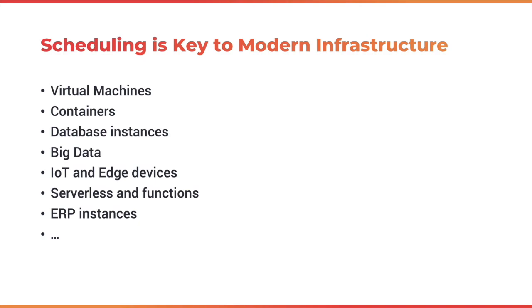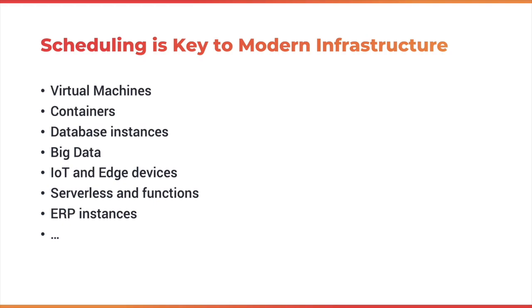Now, modern infrastructure is all about scheduling the resources the right way. When we deal with cloud platforms, like Azure, AWS or GCP, we are actually dealing with a very sophisticated and advanced scheduler. For example, when you decide what kind of a VM, with how many cores, what is the memory, what is the zone, what is the region, you're actually using a scheduler behind the scenes.